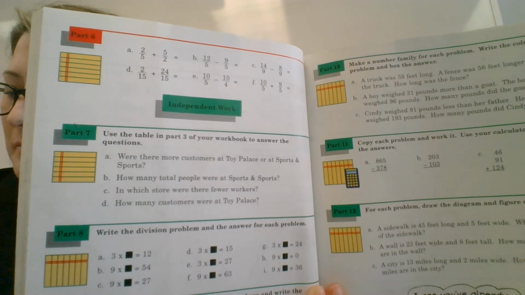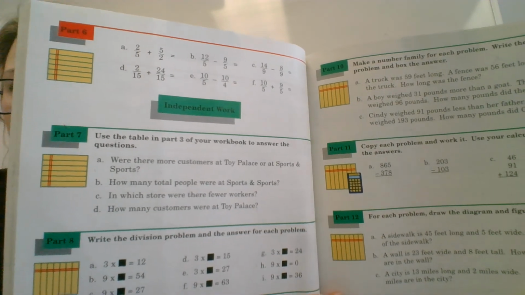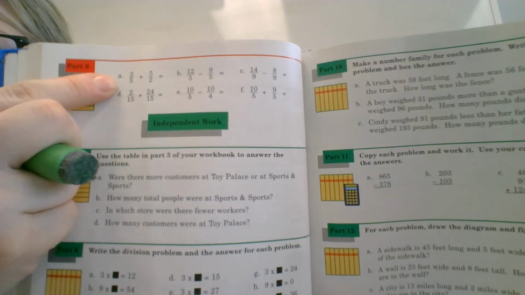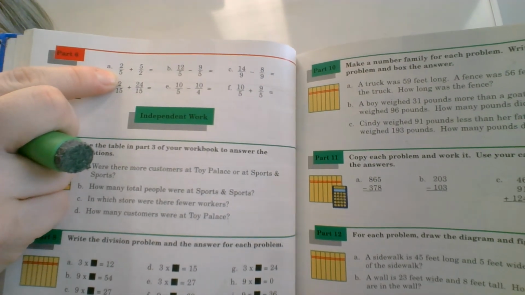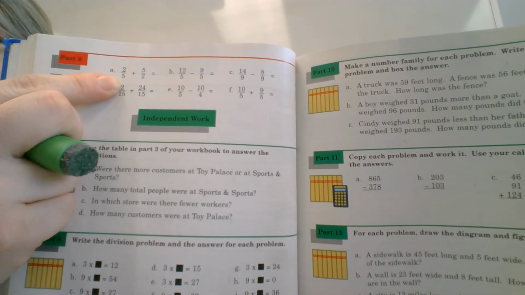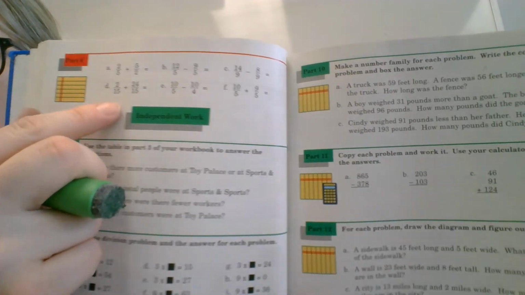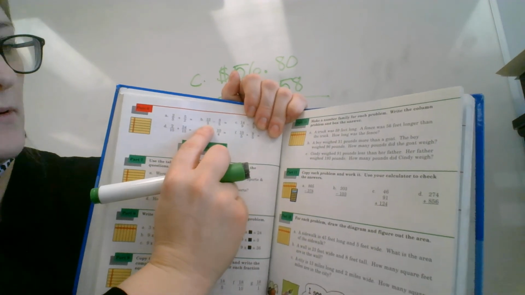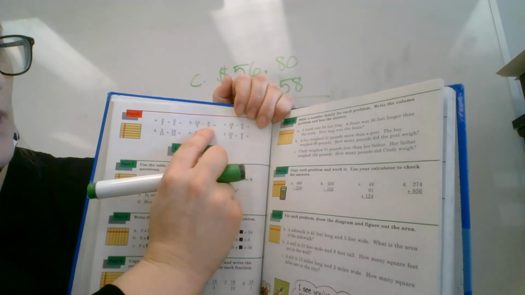Only copy the problems and work the problems that you can work. Look at problem A. We can only work the problems that have the same bottom number. Can we work problem A? No. What about problem B? Do we have the same numbers? Yes, I can work problem B.